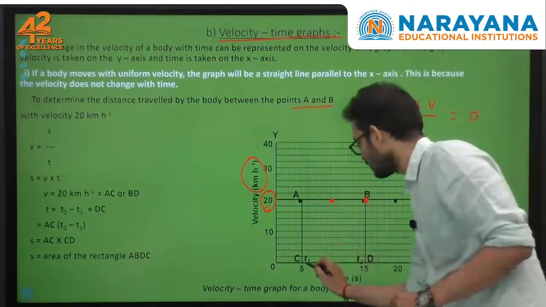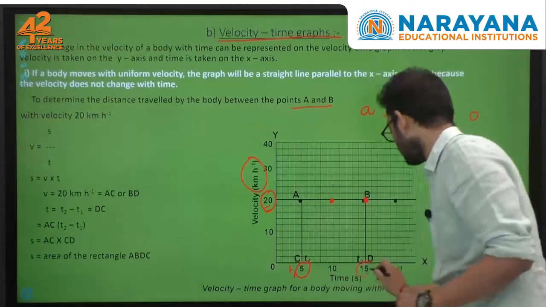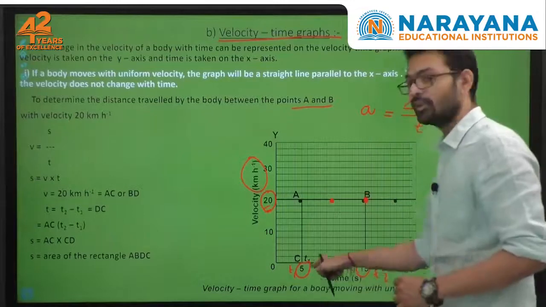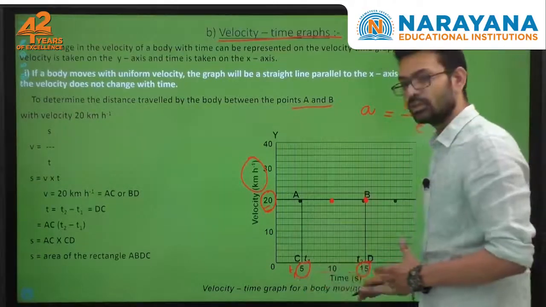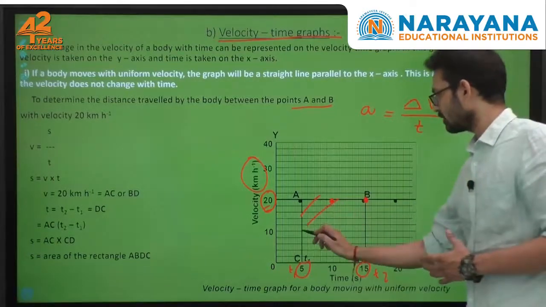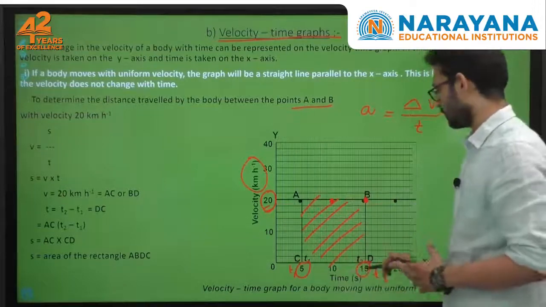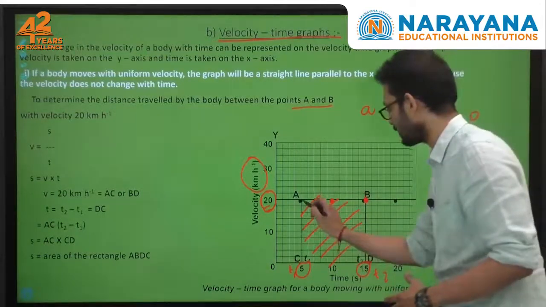Now let us take 5 as time t1 and 15 as time t2. From t1 to t2, if you find the area of the velocity-time graph, you will get a rectangle.